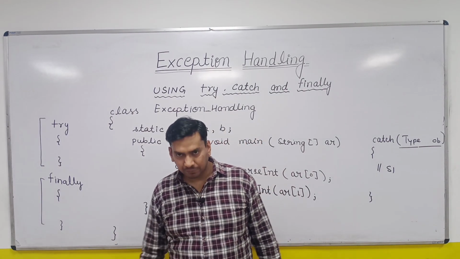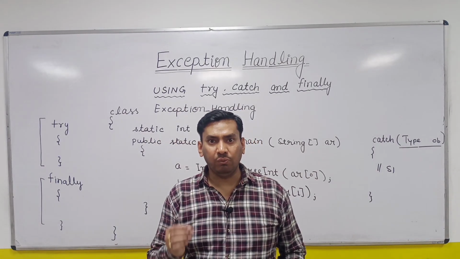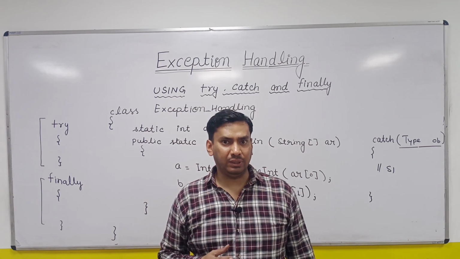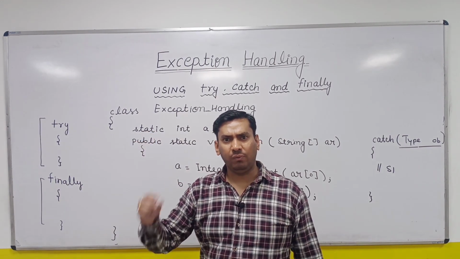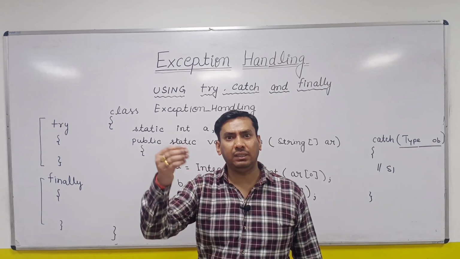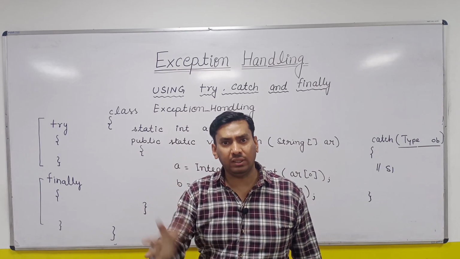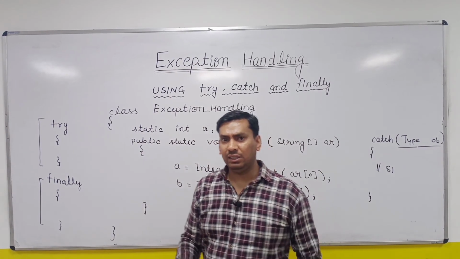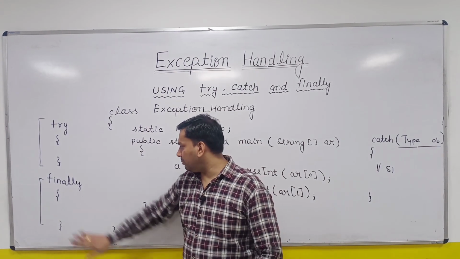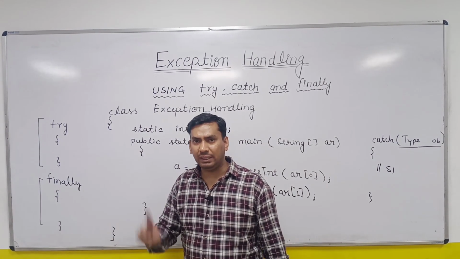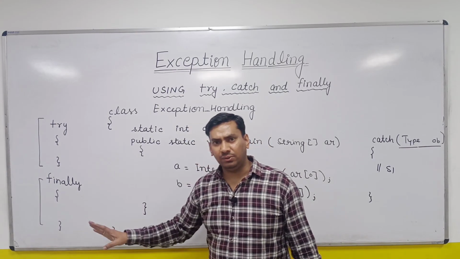Then the finally block. Finally block is used to write some code which is mandatory to be executed. Whatever be the scenario, whatever be the situation, whether the exception occurs, whether the exception does not occur, whether the exception is handled, whether the exception is not handled, in every circumstance, if you want to execute some code, that must be written in the finally block, because the finally block will be executed in every scenario.